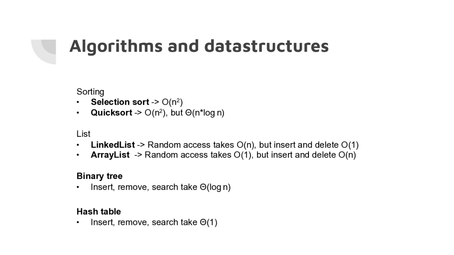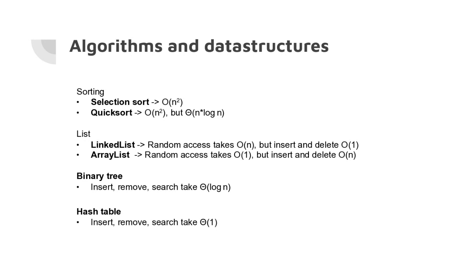Then for data structures, we saw linked list and array list. Array list is used most commonly because of the fast random access. The random access takes only constant time, but you have to be aware that when you insert or delete an element at a random position, all elements after that index need to be moved.